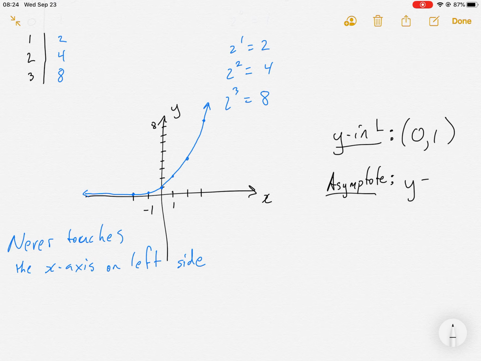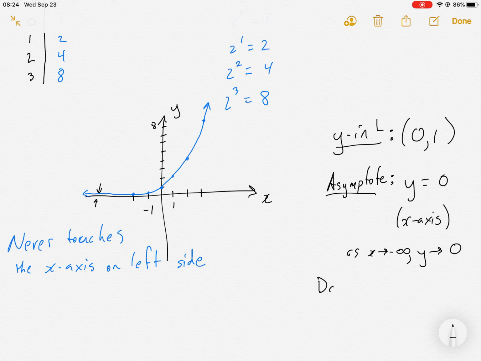So that would be the line y equals 0. You could just say x-axis. Notice that the asymptote in this case is only kind of on the left side, so it would be as x goes to -infinity, y goes to 0. So that means that these lines here are getting closer and closer together.